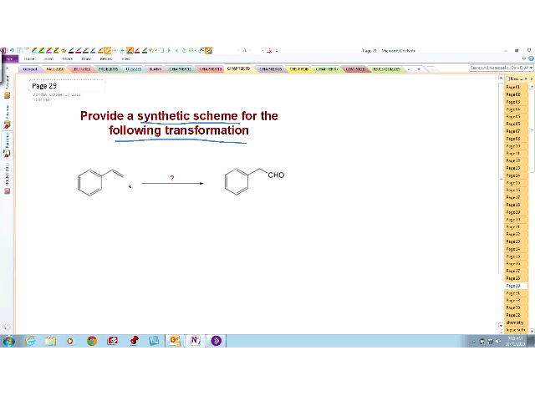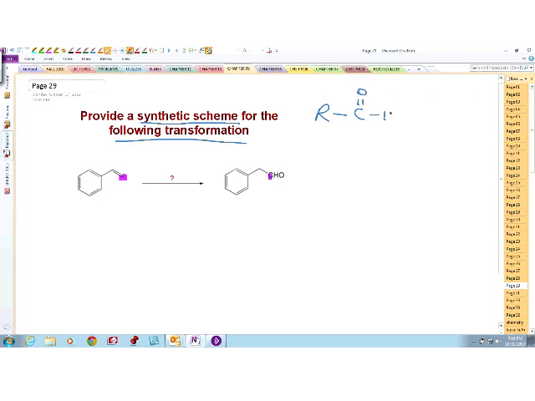So anyway, the rationale here, you think about it. There is no way you can convert this carbon-carbon double bond to this aldehyde. In other words, this carbon here becomes this carbon of an aldehyde.